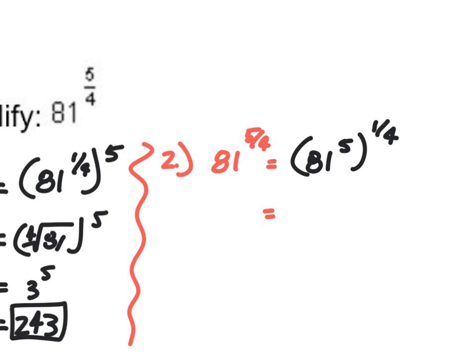If you take 81 and multiply it by itself 5 times, you're going to get a huge number, 3,486,784,401.